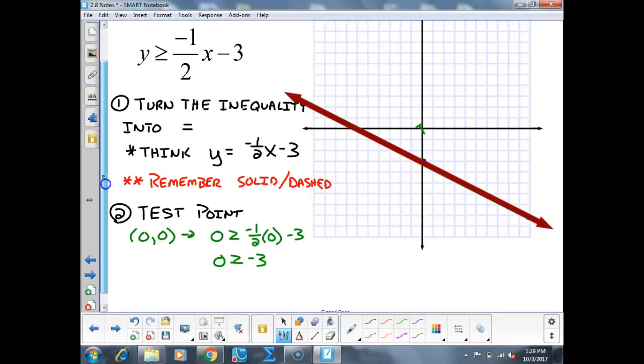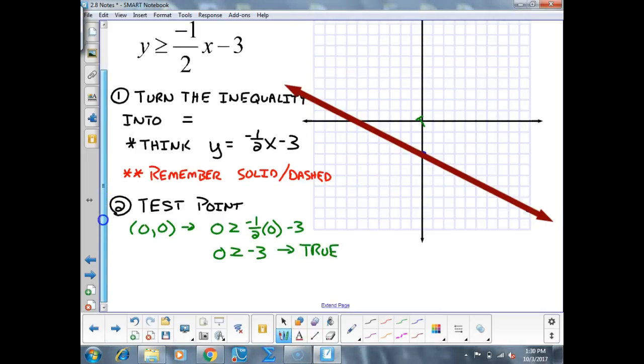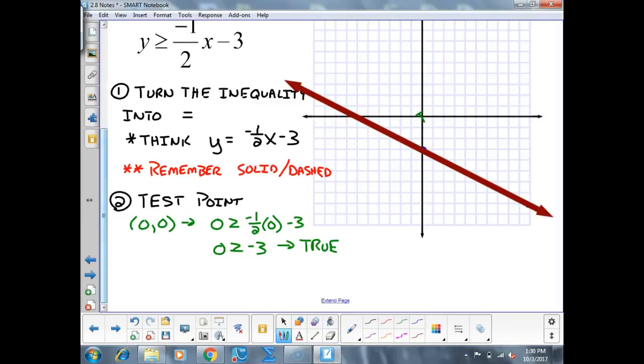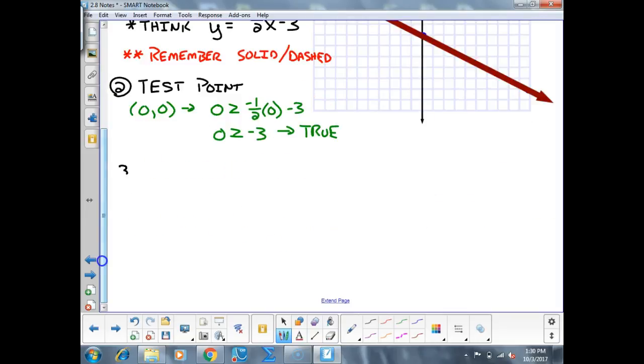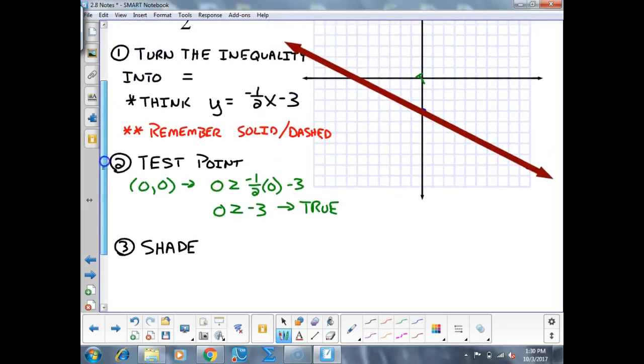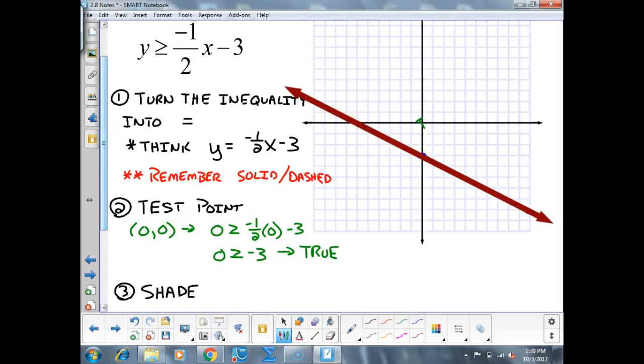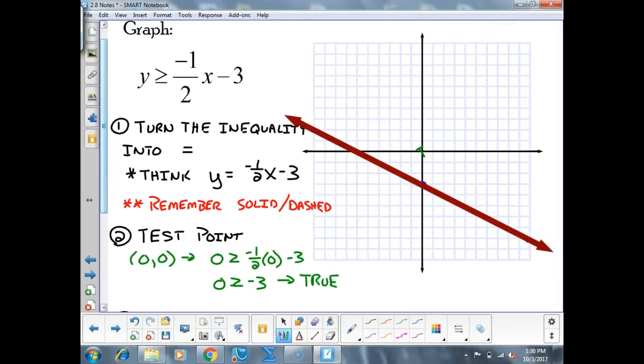That is a true statement. So now, when I go to shade, I'm going to shade on the same side as my test point.